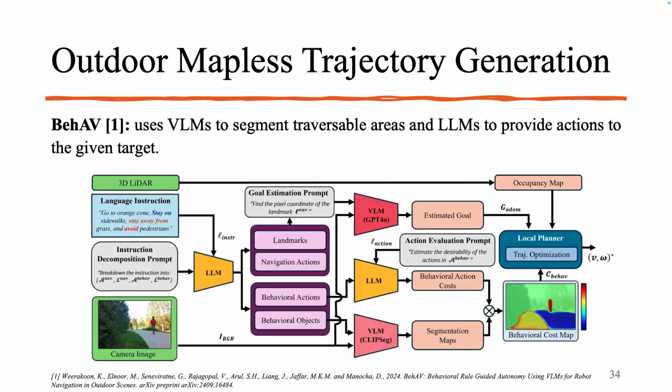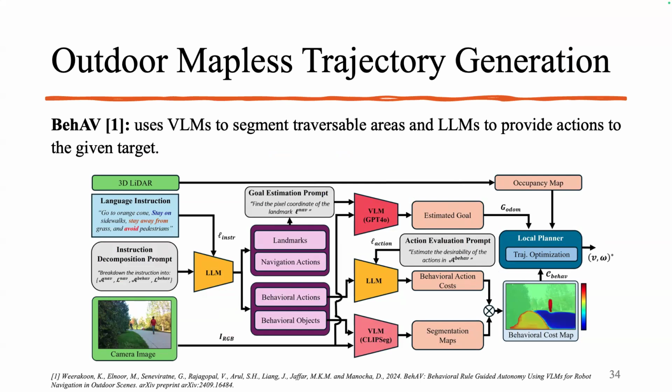So in this model, we directly provide the target, the estimated goal, and the local planner is also DWA. So basically, the VLM and LLMs are only to provide some waypoints.